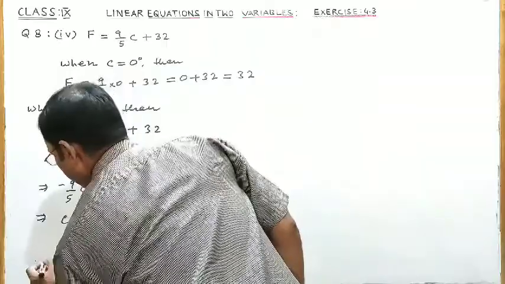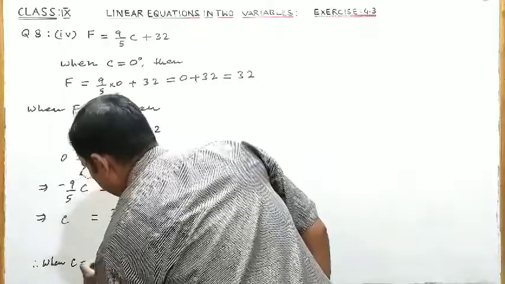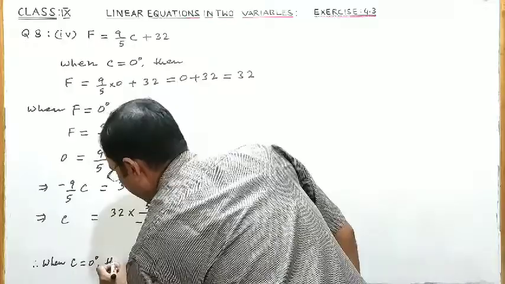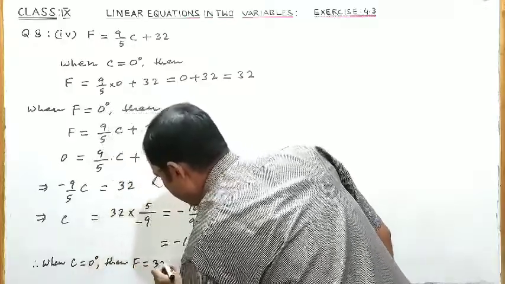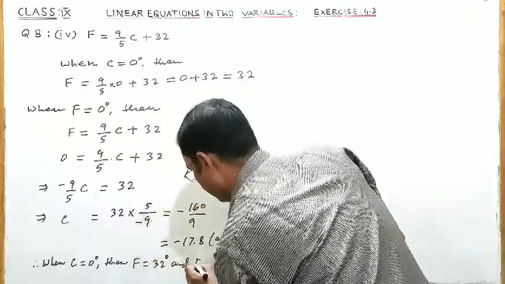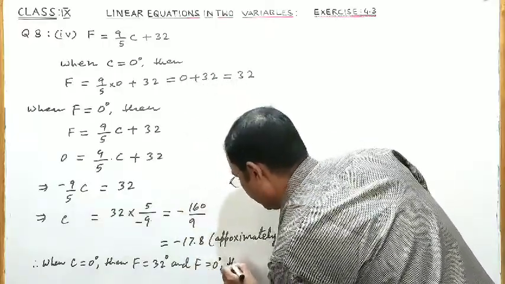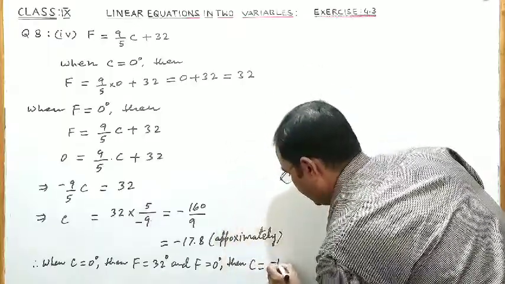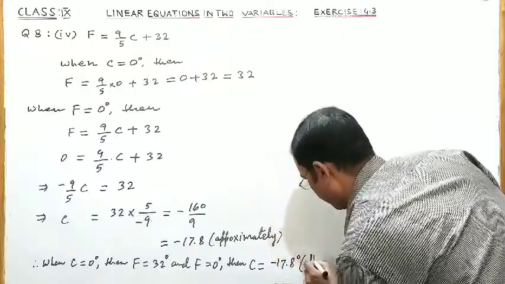So therefore, when Celsius scale of temperature is 0 degree, then Fahrenheit scale of temperature is 32 degree, and when Fahrenheit scale of temperature is 0 degree, then Celsius scale is minus 17.8 degree approx.